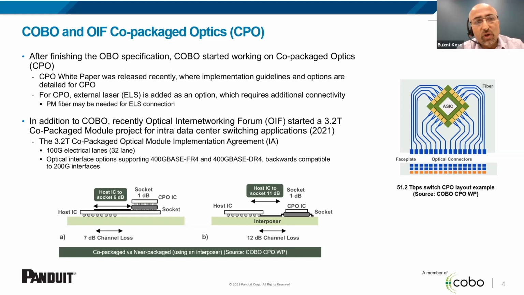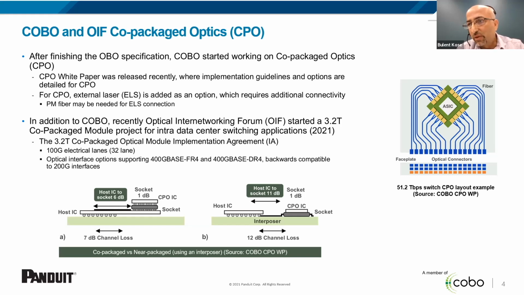In addition to COBO, recently the Optical Internetworking Forum, OIF, also started a project on this, a 32 terabit per second co-package optics module for intra-data center switching applications. The idea is to have 100 gig electrical lanes, 32 lanes, and to support 400G base FR4 and 400G base DR4, also to be backward compatible.